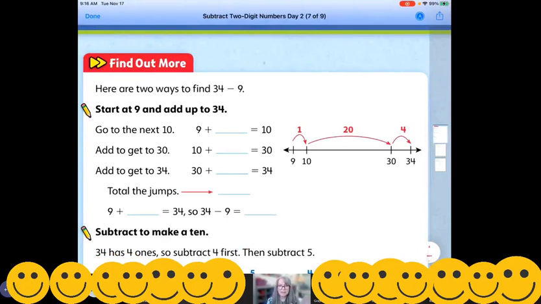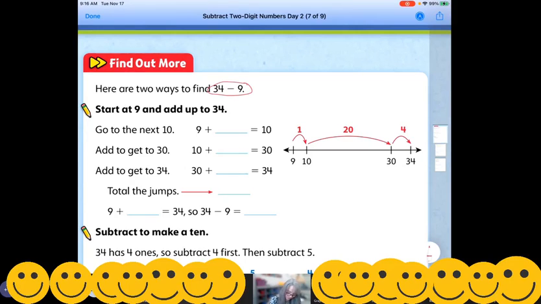This is the exact same number line that I just showed you on that really cool number line app that you guys all should have on your iPad. So this page is going to talk about two different ways that we could solve 34 minus 9. And I just showed you one of the ways.